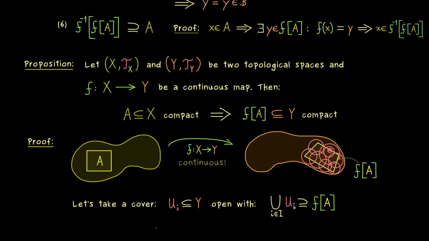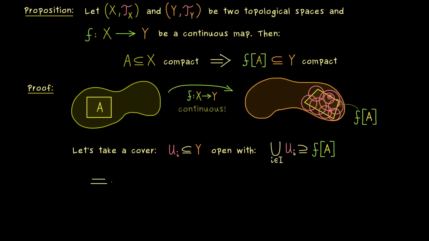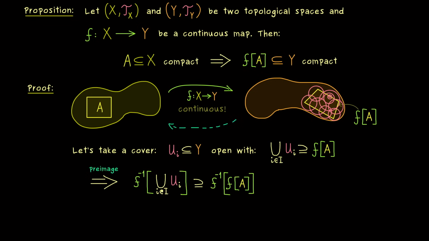And in order to shift everything to the left hand side, we have to use pre-images. Hence we just apply the pre-image to this formula. And as we have discussed before, the pre-image will not change this superset relation. And this implies that here on the right hand side, we actually have the image and then the pre-image applied to it.